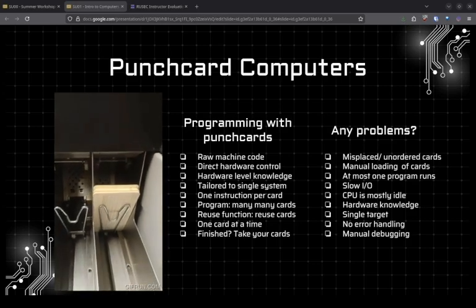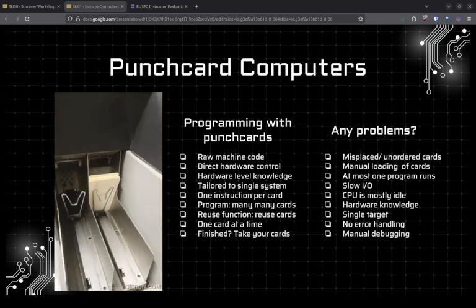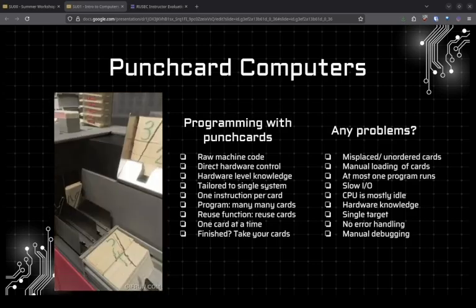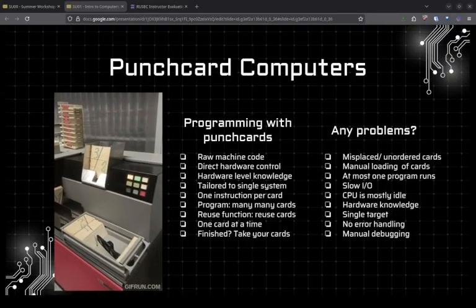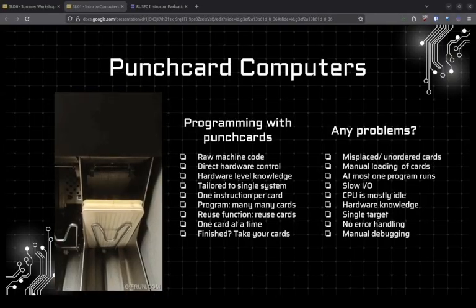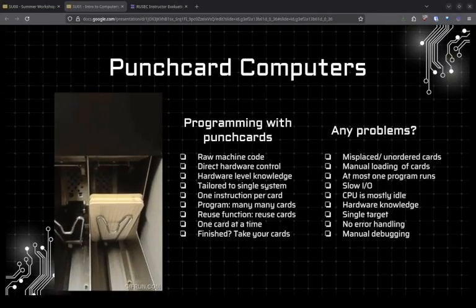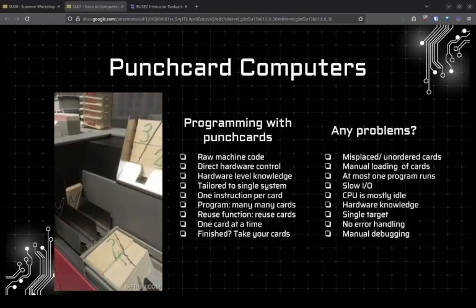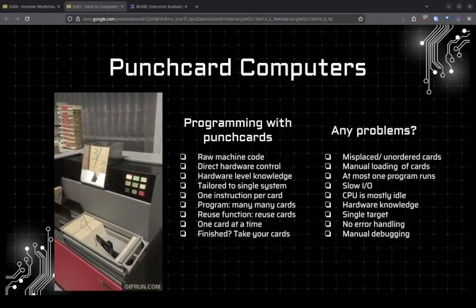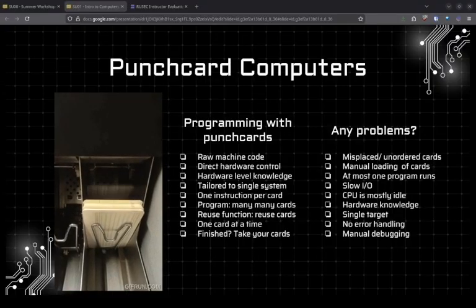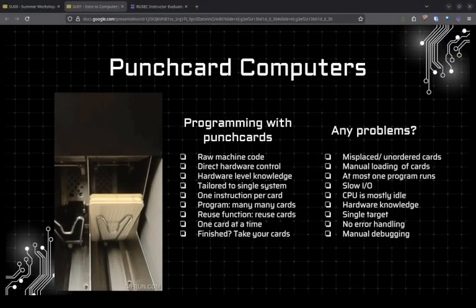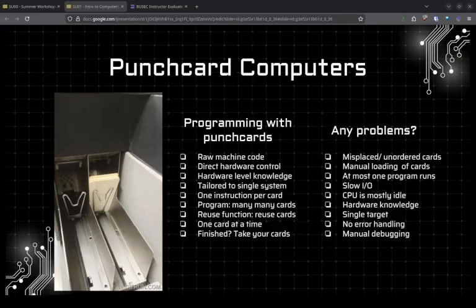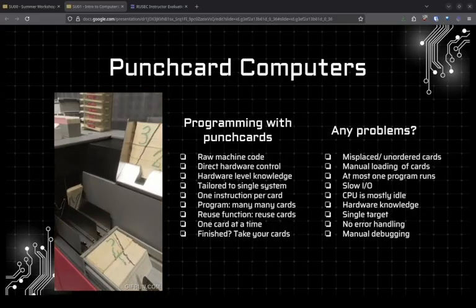Anyone else have any ideas? Well, other than the obvious problem of misplacing and misordering the cards, another issue would be having to manually load all the cards into the computer. That takes time, and you need a dedicated person. Typically, companies would have a dedicated person just loading and unloading the programs into the computer.